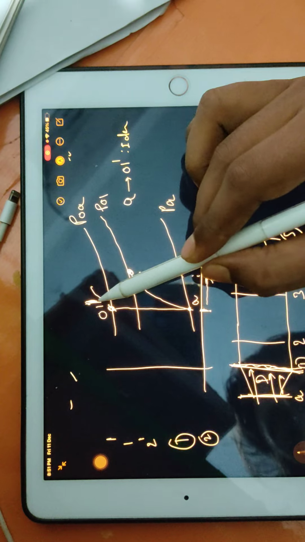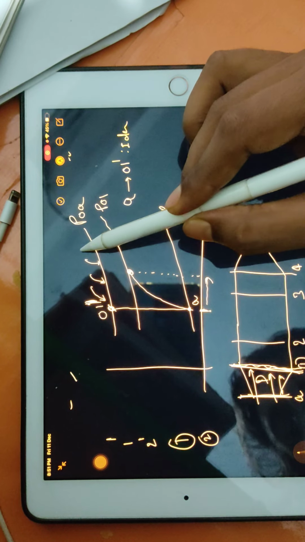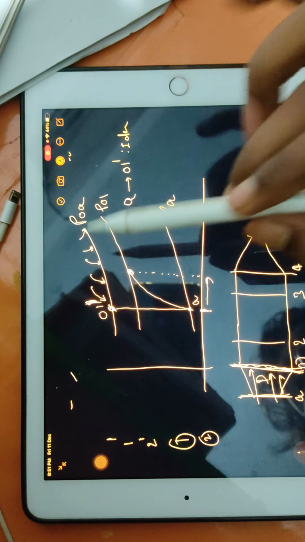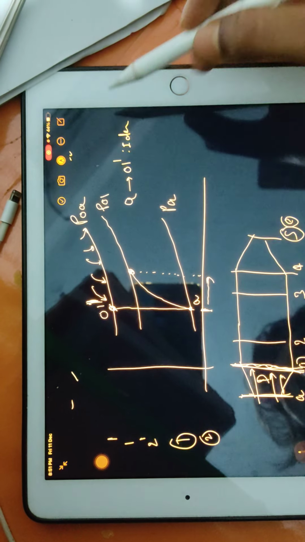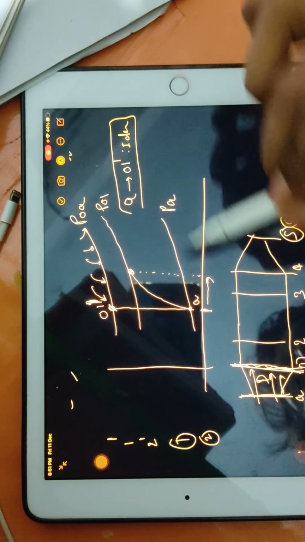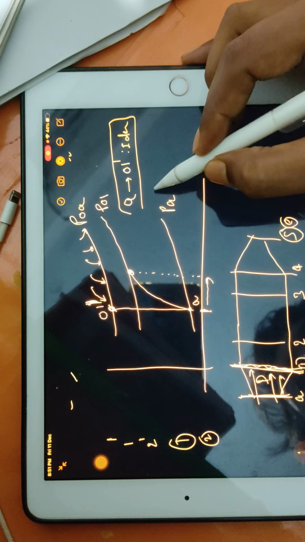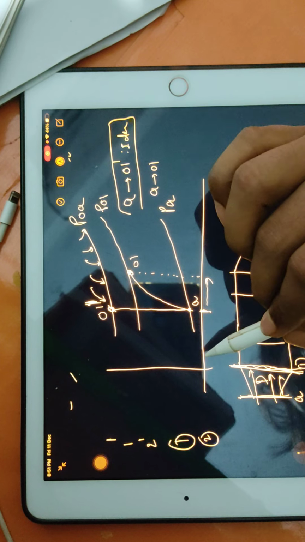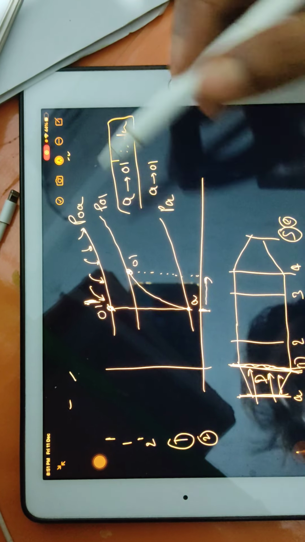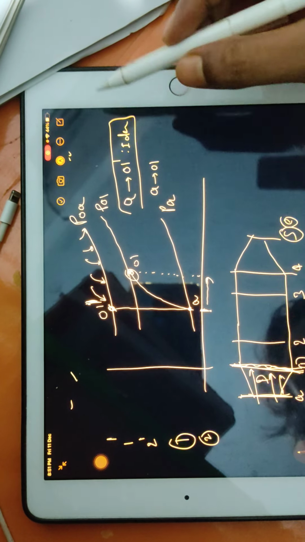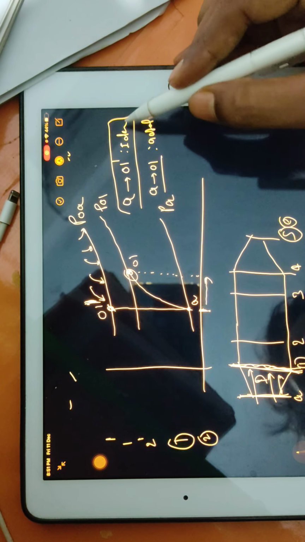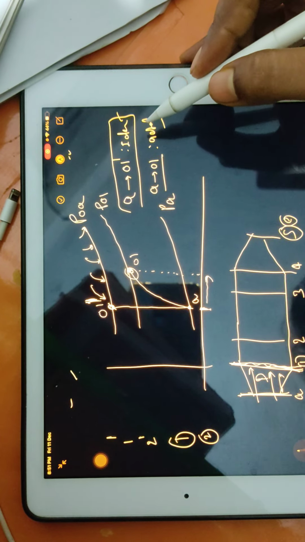Whatever pressure is here, the same pressure is here, because that line is an isobaric line, so the pressure will be the same. So this is ideal. Next, A to 0 1. I am calling this point 0 1 because that is my real point. In real life, you will reach here. So this is the actual process. So: ideal process and actual process.